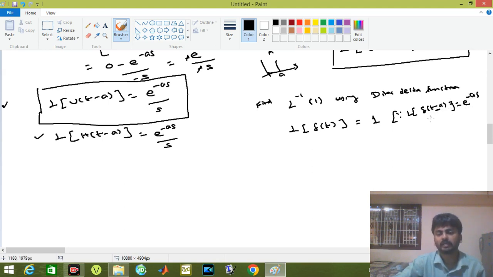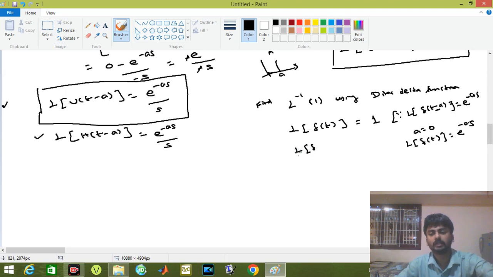Here I can take a equal to 0, so that L of delta of t equals e power of minus 0 into s, and e power of 0 into s is 1. So L of delta of t equals 1.